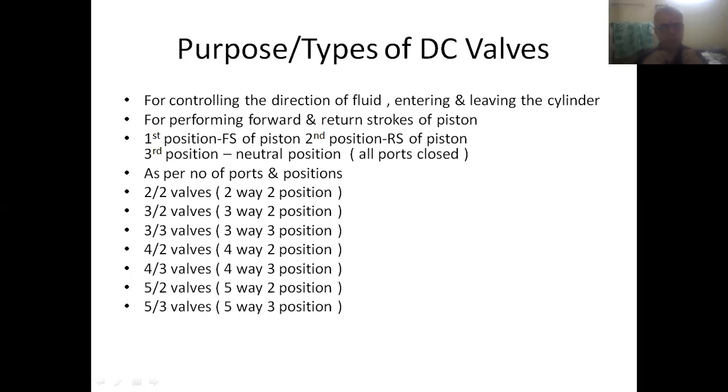So friends, a two-way, two-position valve is called a 2x2 valve, as mentioned in this slide. A three-way, two-position valve is called a 3x2 valve. Similarly, a three-way, three-position valve is called a 3x3 valve. Like this, we can prepare the list of all the items.